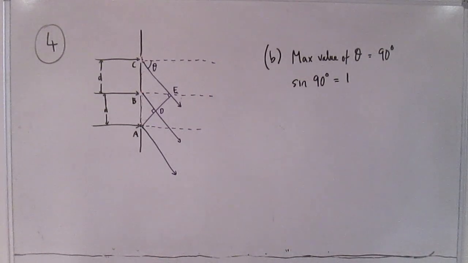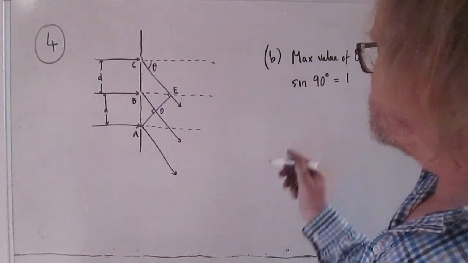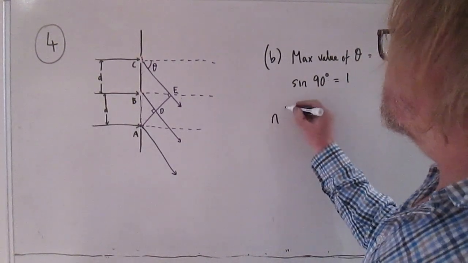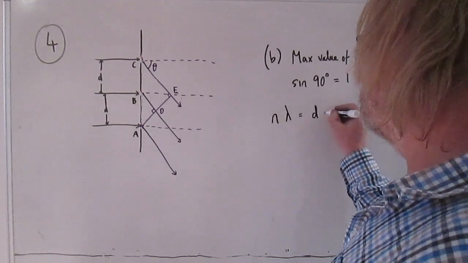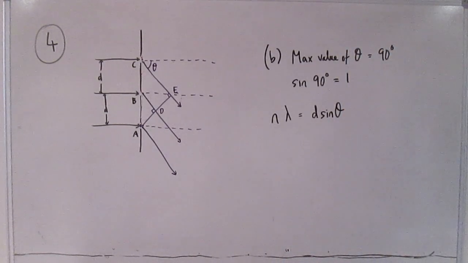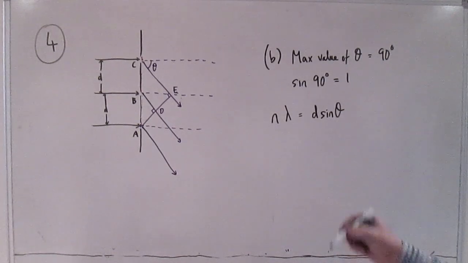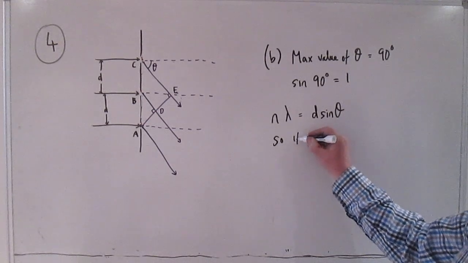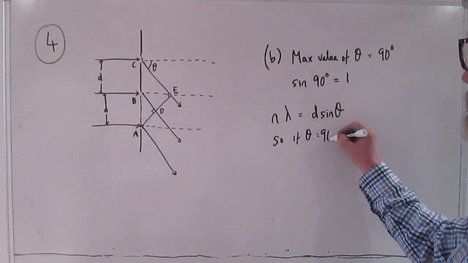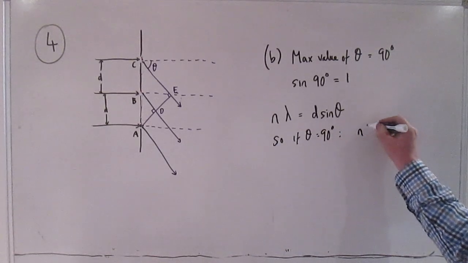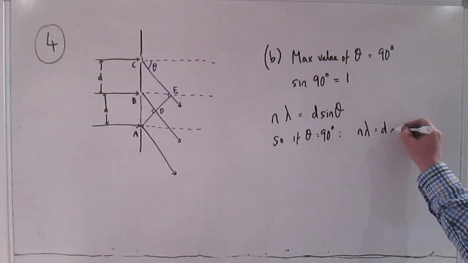is equal to 1. So we've got the relationship that n lambda equals d sine theta, and so if theta is 90 degrees, which is the maximum value, we get n lambda is equal to d times 1.